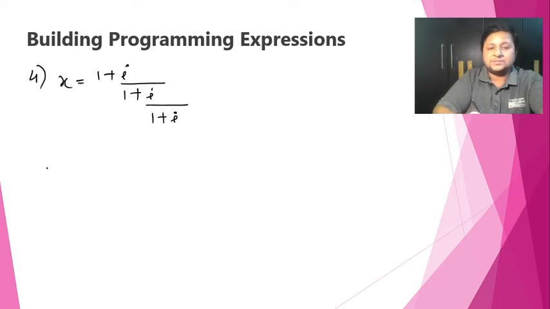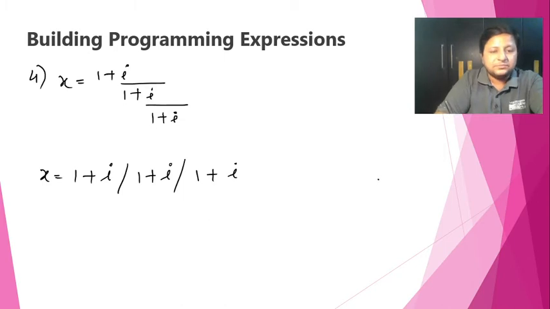So it will be x is equal to 1 plus I divided by 1 plus I divided by 1 plus I. Now this 1 plus I will obviously happen, but it will be after division. What do you want here? You want I to get divided by only 1 and then plus I should be done, or I should be divided by the complete thing? I hope your answer is complete.